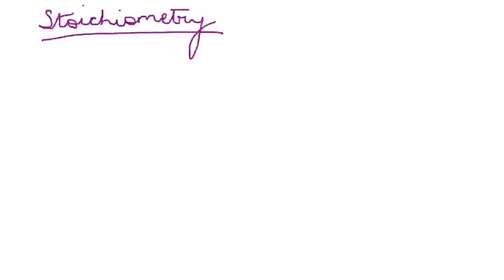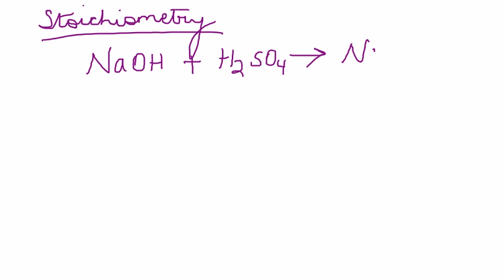So what I mean by that is, let's say you have a generic reaction. Make it as simple as sodium hydroxide reacting with H2SO4, and that gives you Na2SO4 and water.